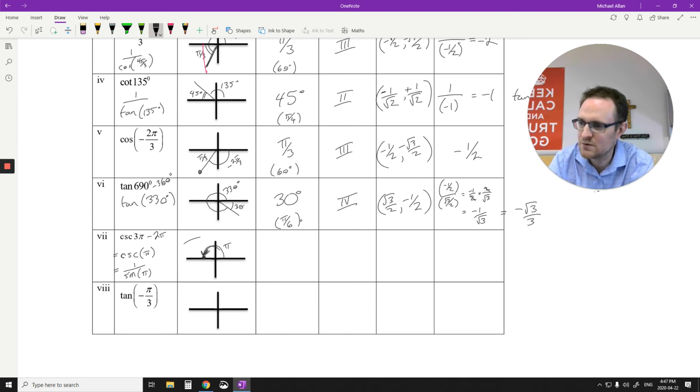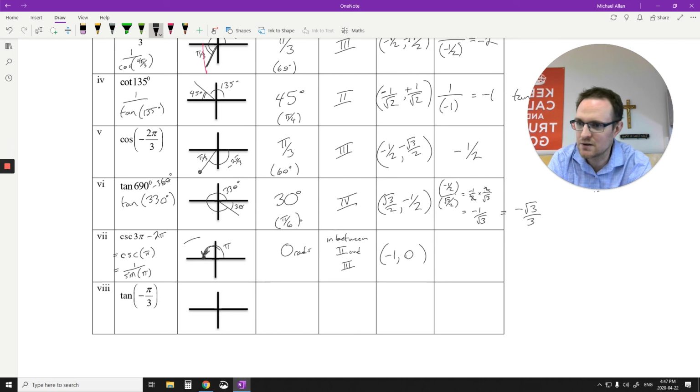You can do 3 pi as well. You can draw that, but it ends up being the same place. My reference angle is going to be 0, not 0 degrees, but 0 rads, right? So you just write 0 there. I'm in between, so a quadrantal angle again between 2 and 3. My point here is negative 1, 0.